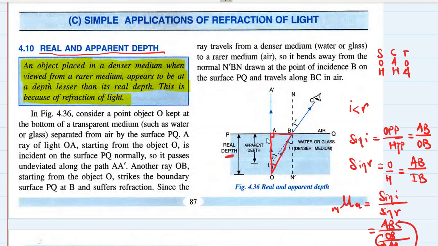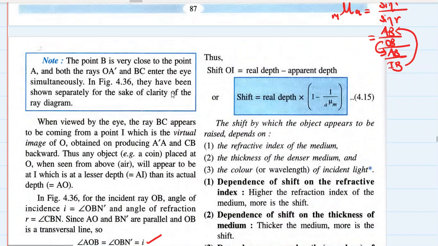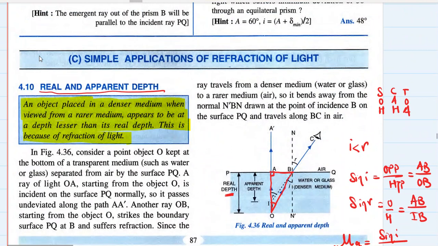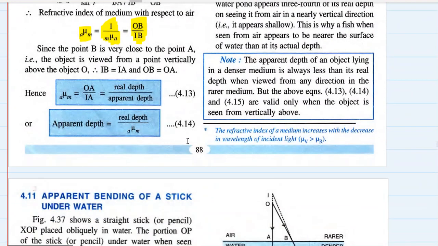In this box, they have written this assumption that IB is equal to IA and OB is equal to OA. So we can replace OB here with OA.